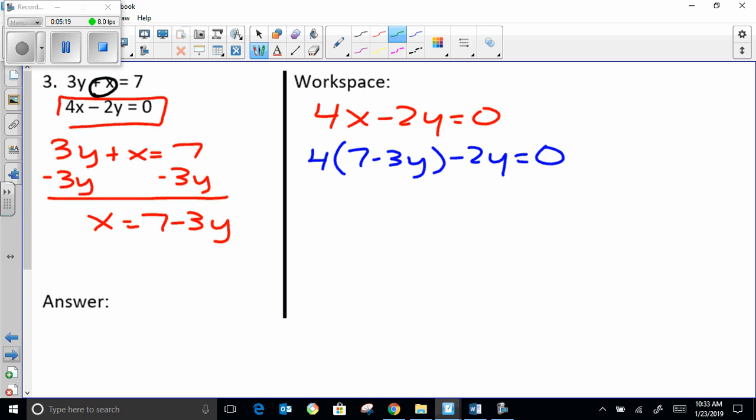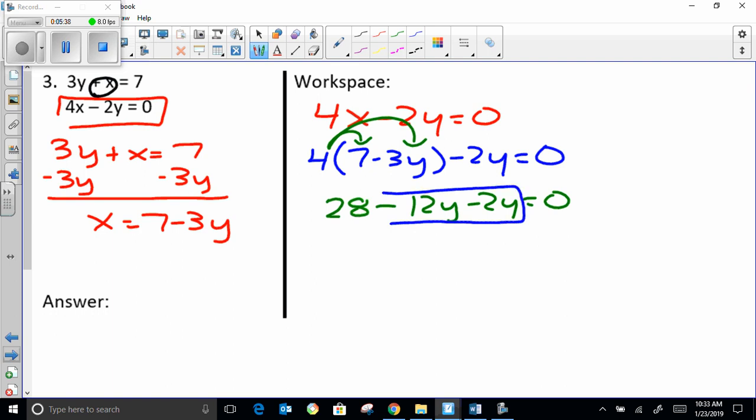Distributive property, combine our like terms. I'm going to distribute the 4 to both terms inside. 4 times 7 is 28, minus 4 times 3 is 12y, minus 2y is equal to 0. Combine our like terms, negative 12y minus 2y. That gives me 28 minus 14y is equal to 0.